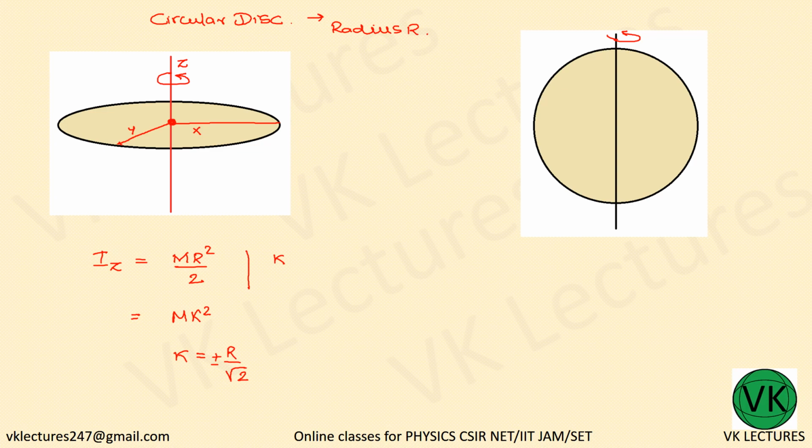So this is how it is rotated, and ID along the diameter is equal to mr square by 4. Here also you can write down the radius of gyration k, which will be r by 2.